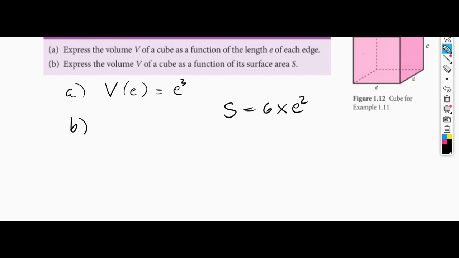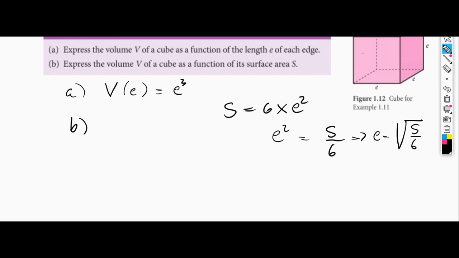So we have to rearrange this and make E equal to something in terms of S. Let's turn this around: E squared is equal to S over 6, and therefore E is equal to the square root of S divided by 6. Notice that I'm not using a negative sign here because we're talking about lengths. Therefore, all the values that we're interested in are positive.